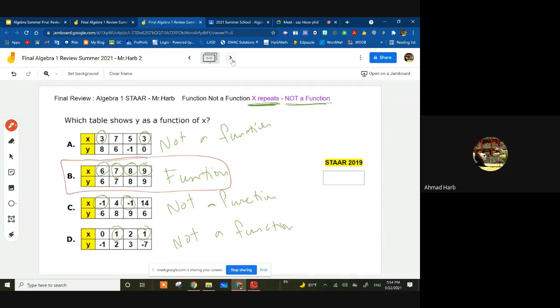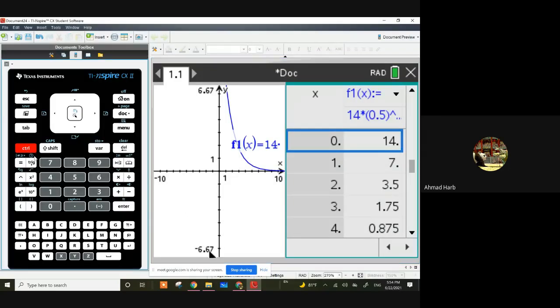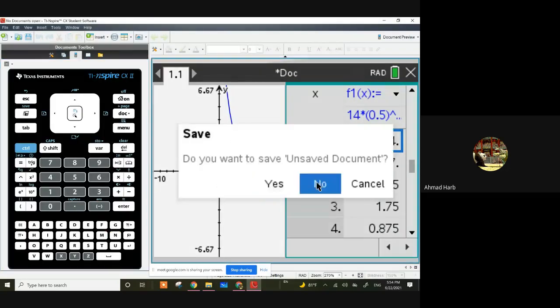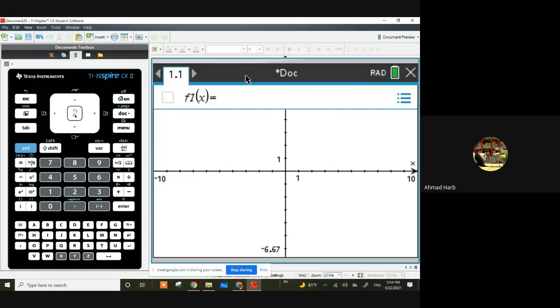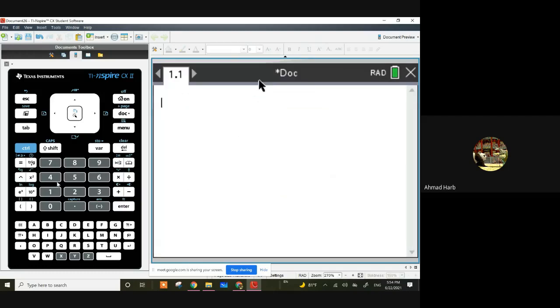And the last question is, which expression is equivalent to the given square root? So all you do, you go to the calculator, Ctrl N, and you go calculate, not the graph, calculate 4 square root of 50. And that gives you an answer of 28.2843. Now, see the answer choices.